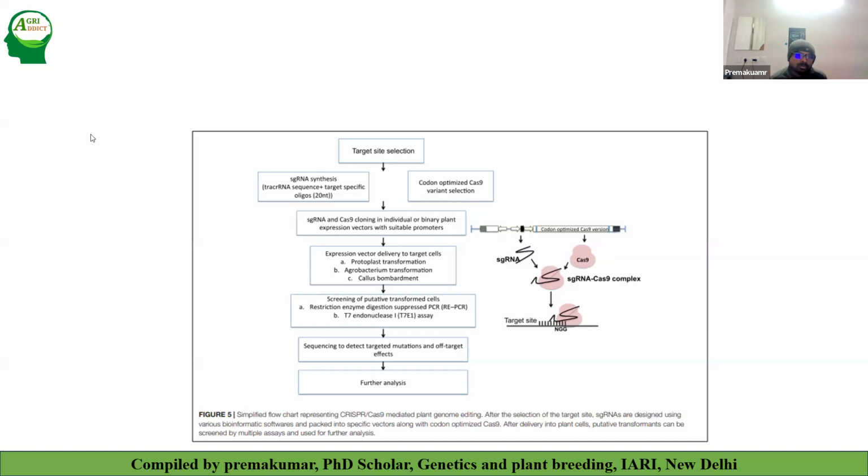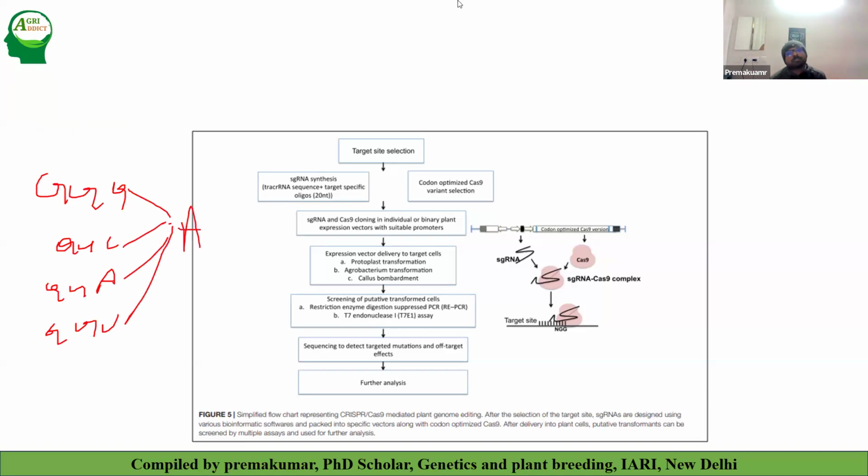I will write it so it will be very clear. GGG, GGC, GGA, GGU. All these code for one amino acid. You just think, this is degeneracy nature.